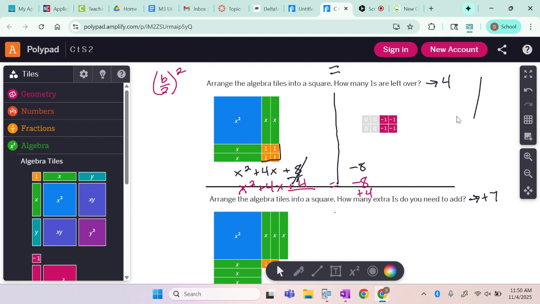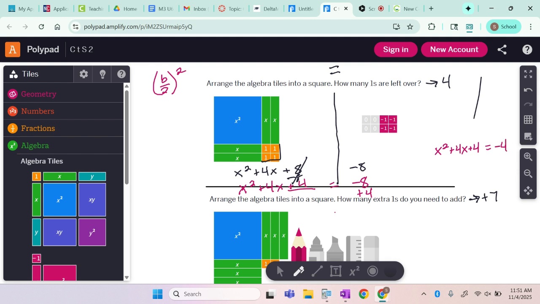And what happened to 4 of my negative ones when I dropped those positive ones on top of them? They disappeared. They became 0. So how many do I have left? -4. So now I got x squared plus 4x plus 4 is equal to -4.